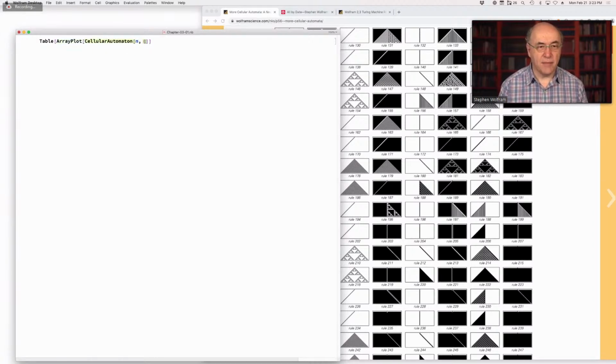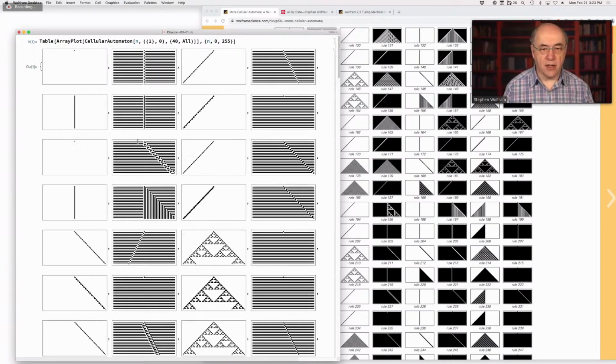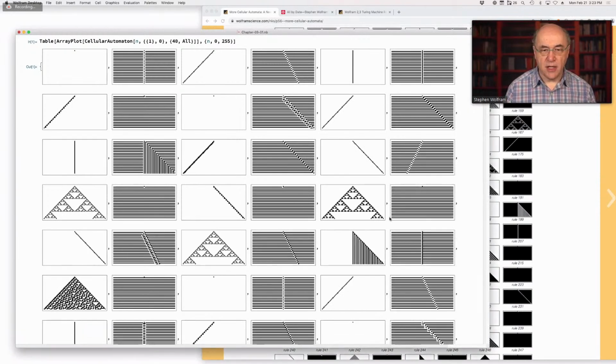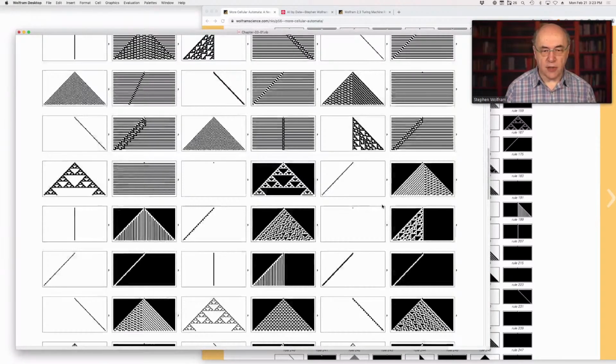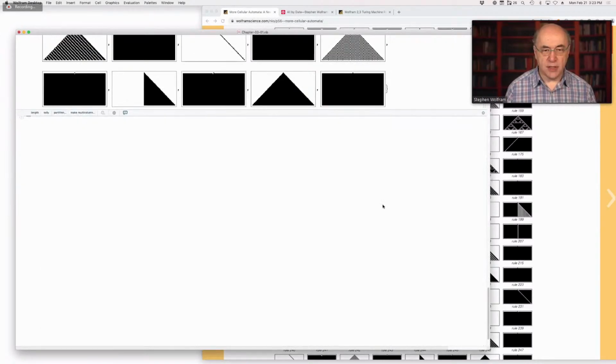You start off from an arbitrary rule, the nth rule, and you go, let's say, 40 steps, and we tell it to show us the complete region of the cellular automaton, even if the actual cellular automaton doesn't really make use of all those cells. So here now is the version of that picture that I had over there on the right. There are all the various elementary cellular automata in all their glory, so to speak.